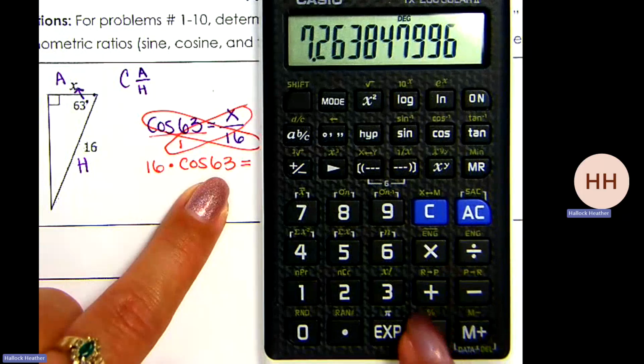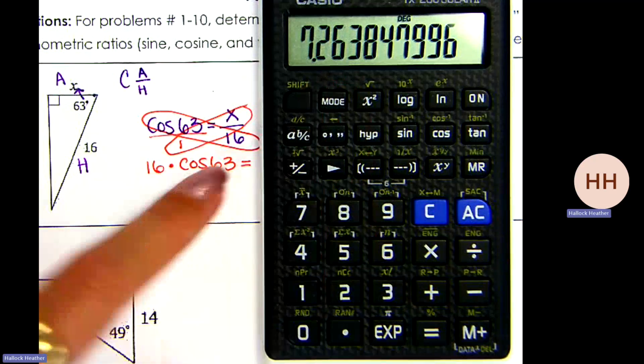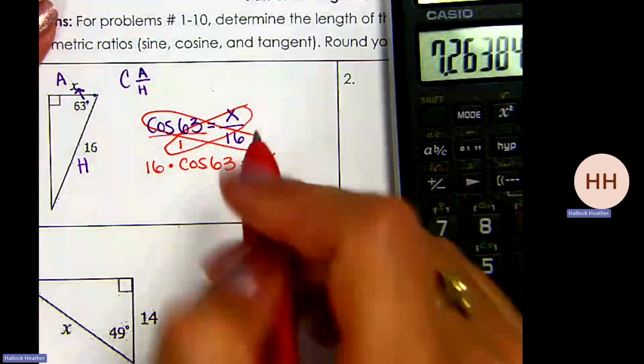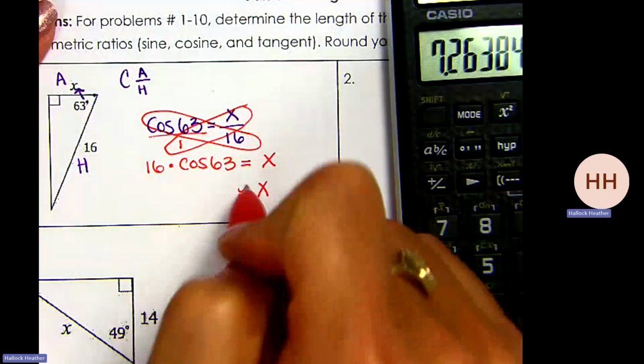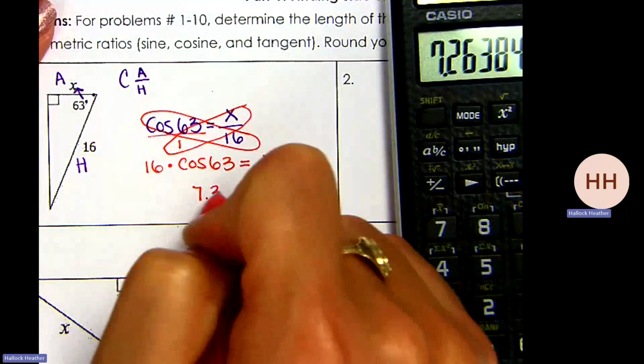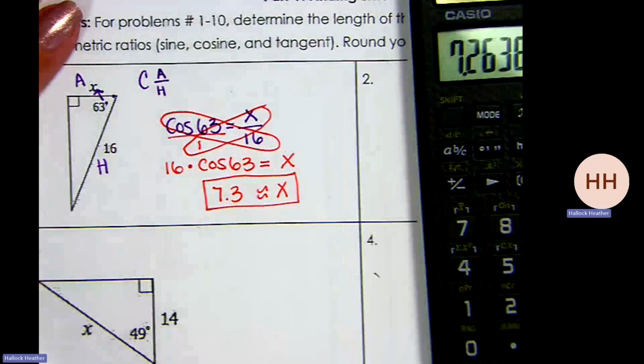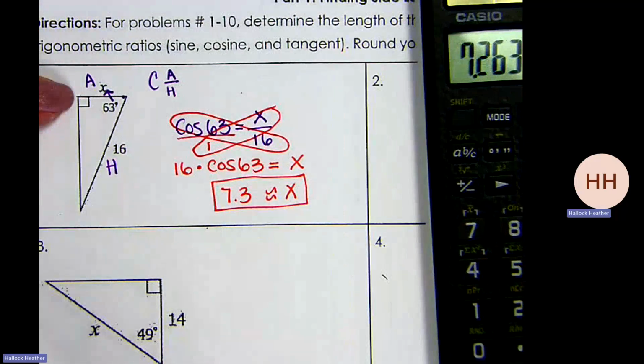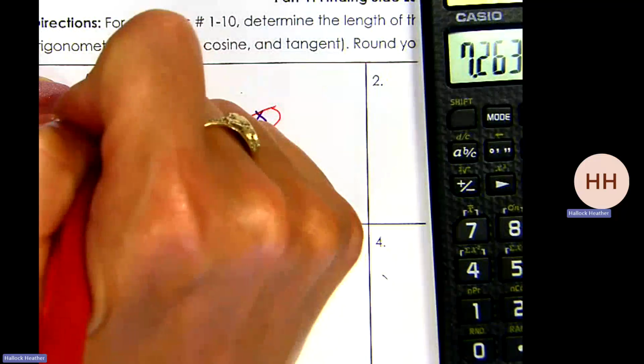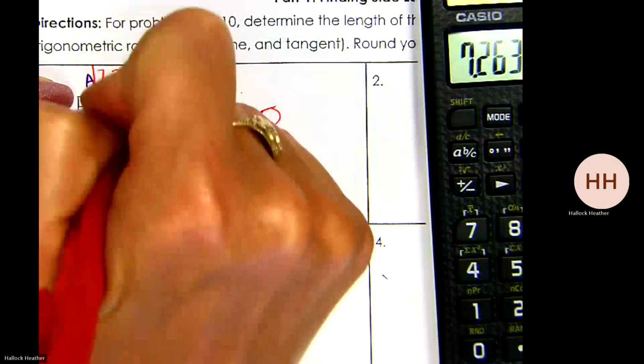It's not going to change. So you should get 7 point, since it's 2.6, I'm going to say 7.3 because that 6 is going to round it up. So X is approximately 7.3. And you don't have to put the squiggles if you don't want to. But what that actually is finding is this missing length on the triangle. So this length is actually 7.3.